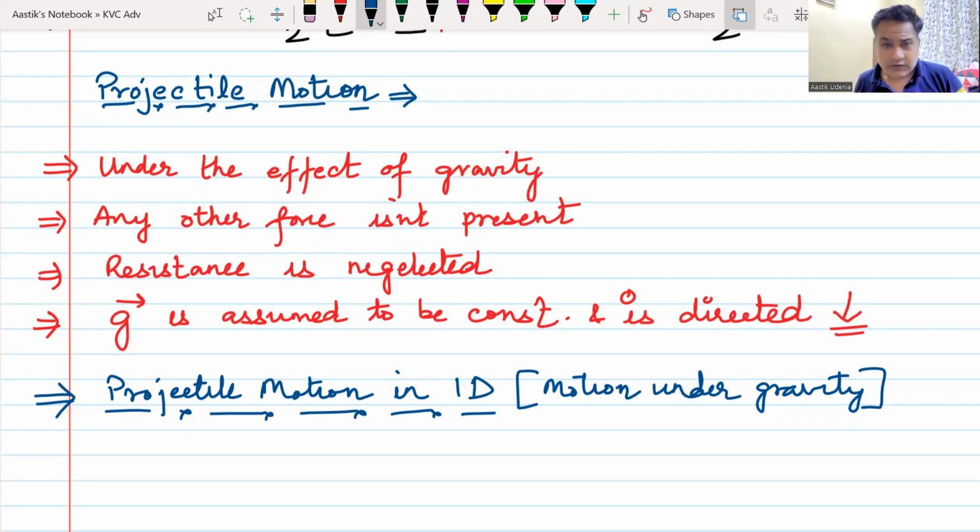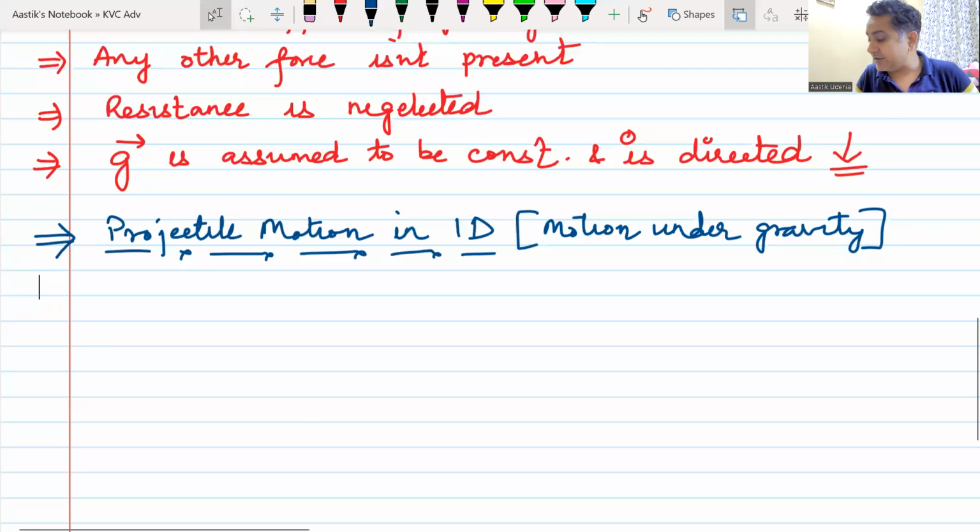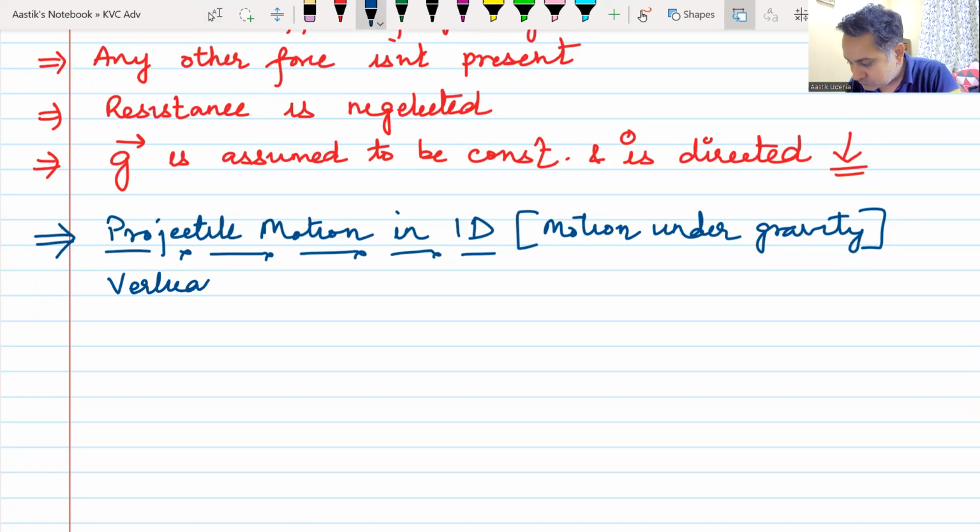We have done that. So now I'm not going to throw the ball vertically up at 90 degrees. I'm throwing it at some angle. Do we understand this? That is how I can have the other type of projectile motion. The first type that we have already done, you can call vertical projectile motion.